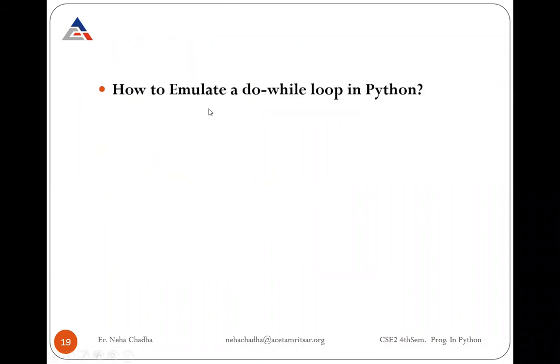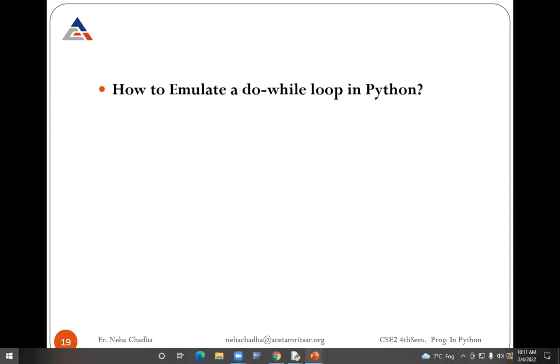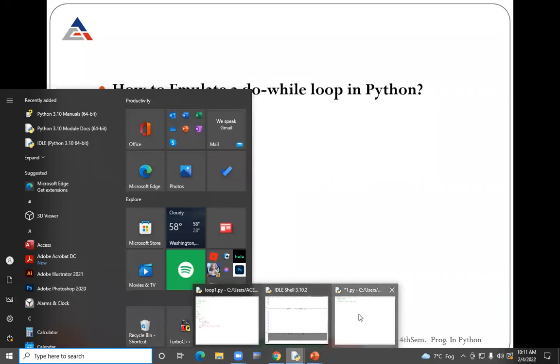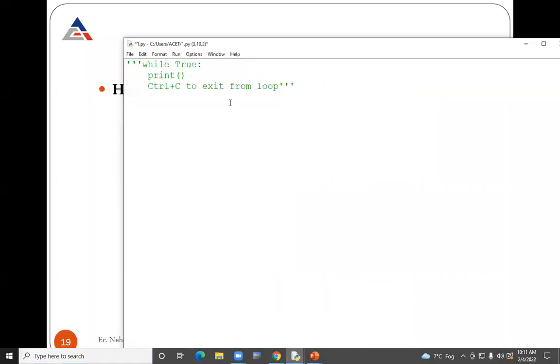Then is how to emulate a do while in Python. As you know, there is no do while statement or do while loop available in Python. Then how will you make your loop work at least once? What is the working of do while? It makes the statements run at least once.